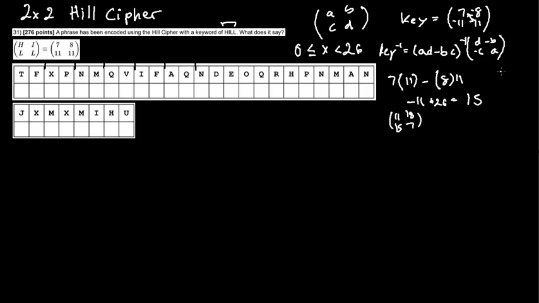So there we go. And we have to multiply it by the determinant inverse. How you find that is this formula: determinant times determinant inverse is 1 mod 26. And we know the determinant is 15.